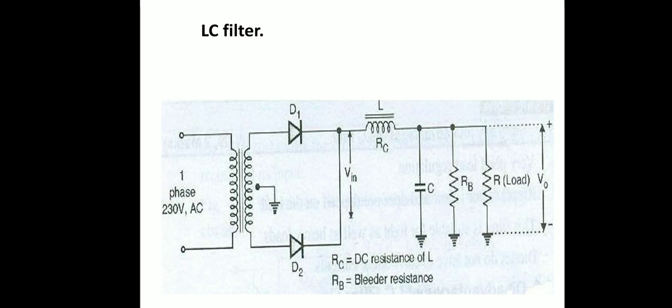Now let us discuss the capacitor input section. In that section, the filter resembles a pi type shape, where the output from the rectifier is first given to the shunt capacitor C. The rectifier used can be half or full wave, and the capacitors are usually electrolytic, even though they are large in size.